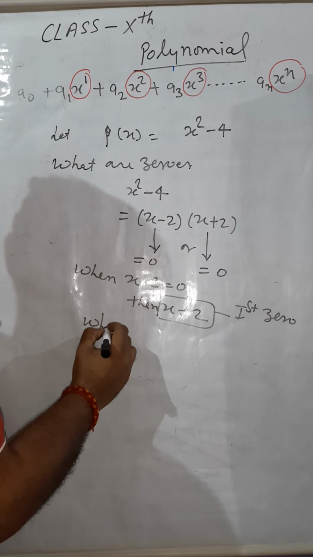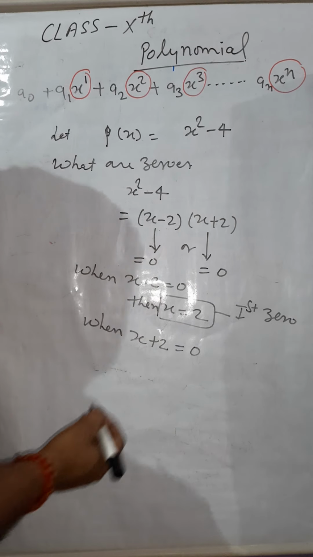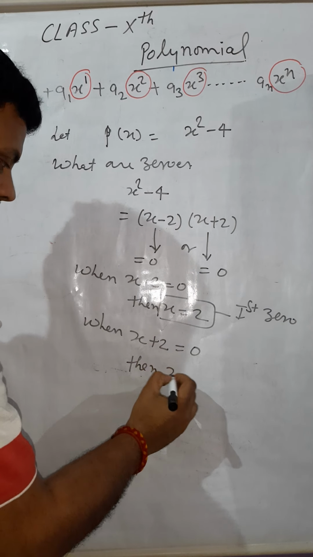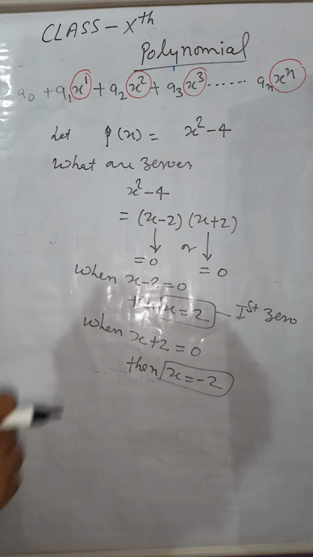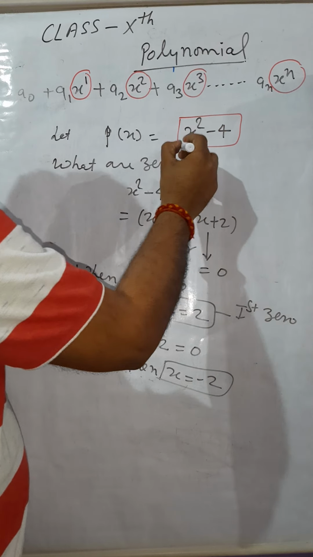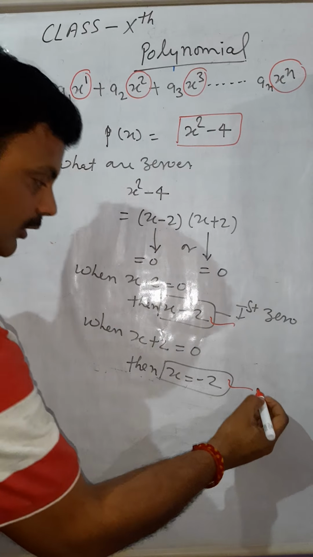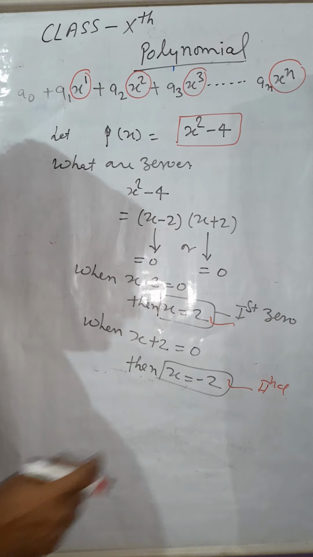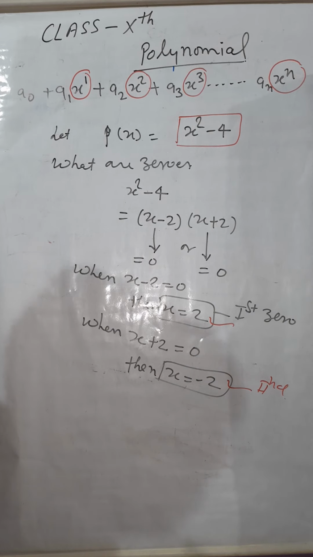Similarly, when x plus 2 is equal to 0, then x is equal to minus 2. For this quadratic polynomial, we have two zeros, first zero and second zero. So this is the way to find zeros.